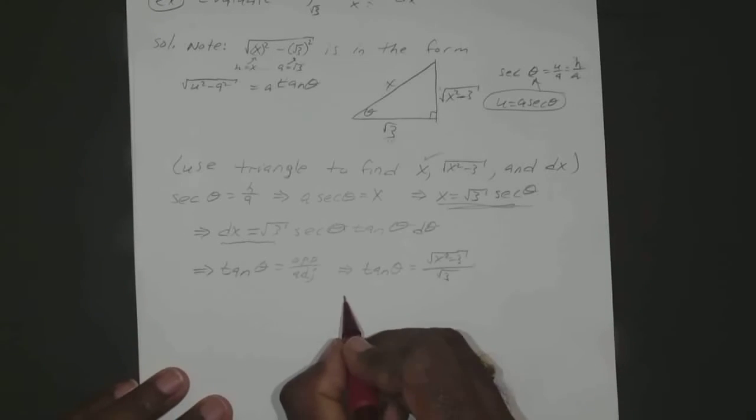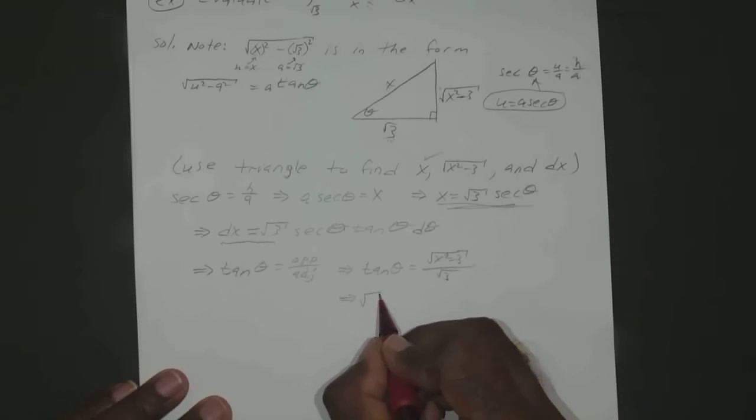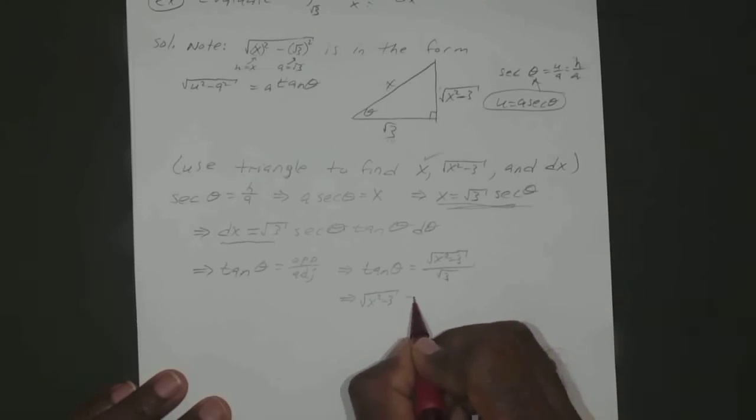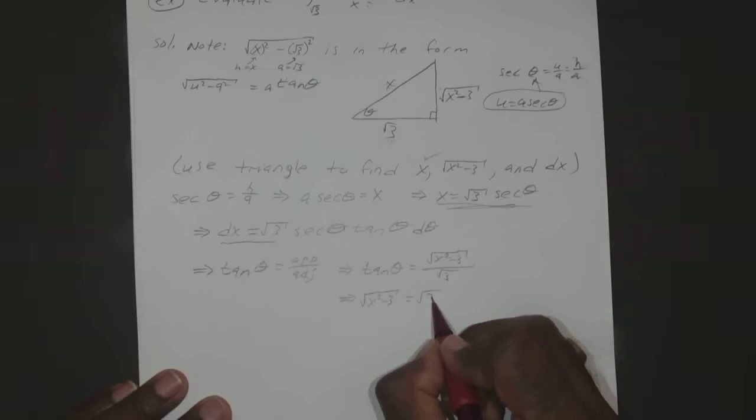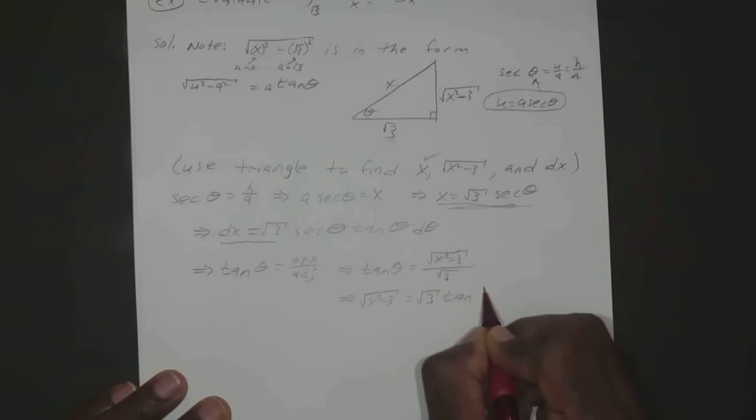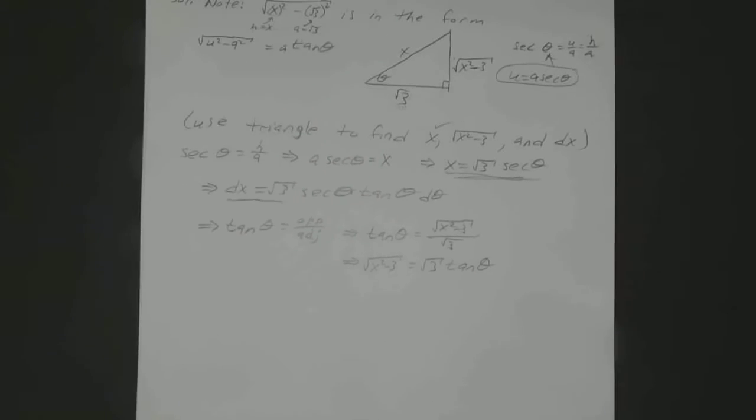Which means square root of x squared minus 3 is actually equal to square root of 3 tangent theta. Now we have our x, our dx, and our square root of x squared minus 3. We just go ahead and start replacing stuff.